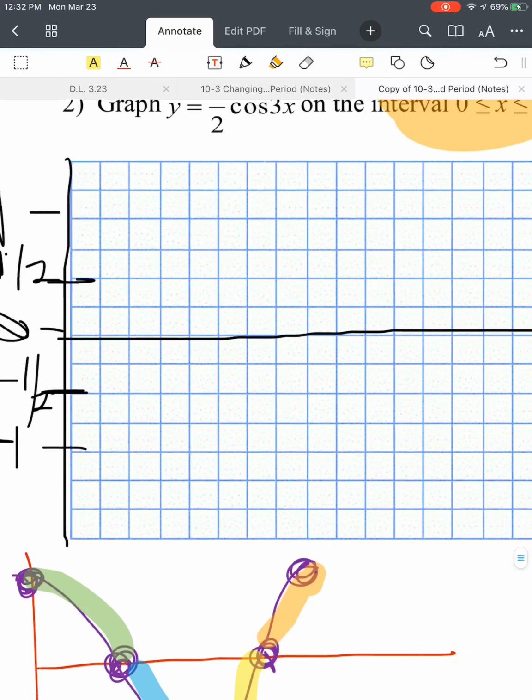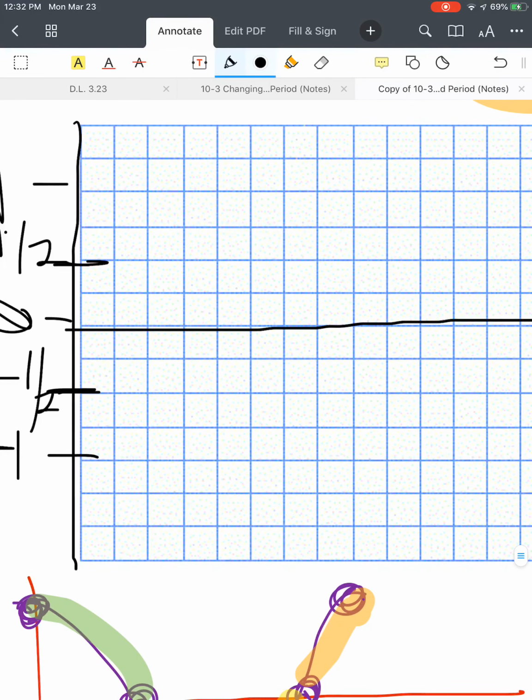So we have 0. Okay, then we have pi over 6. Then 2 pi over 6.